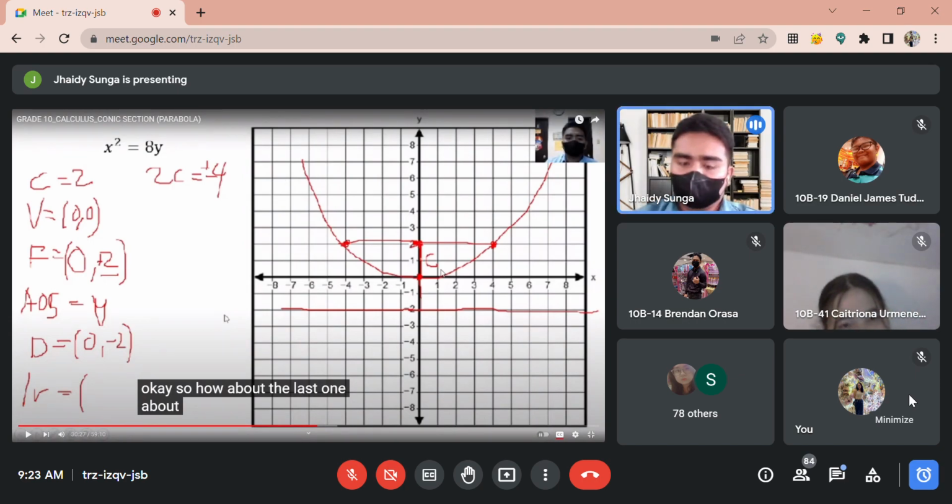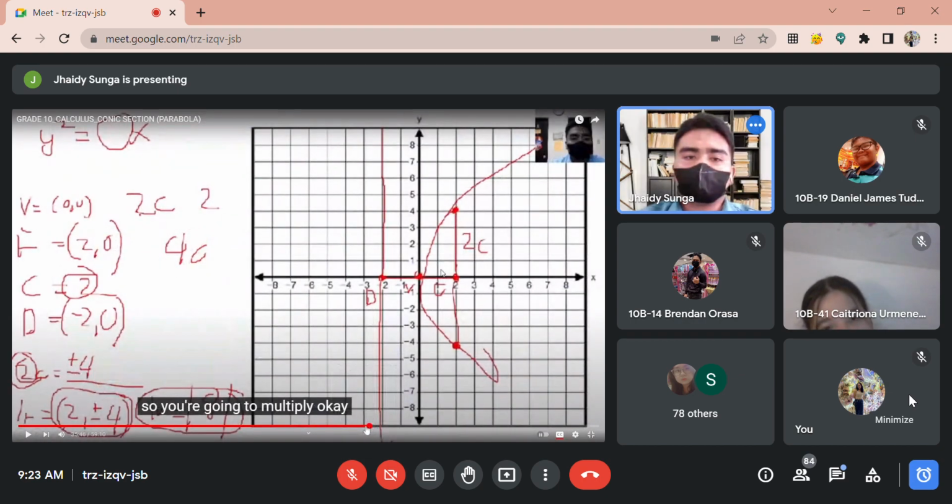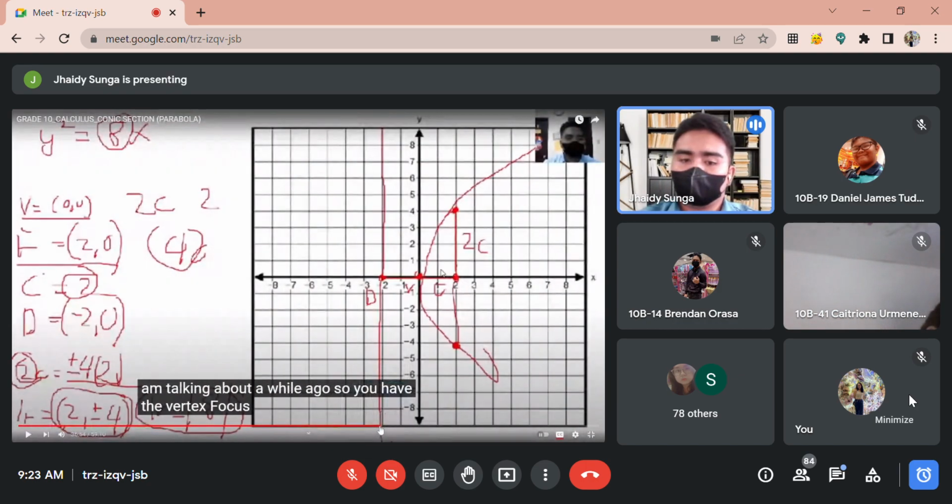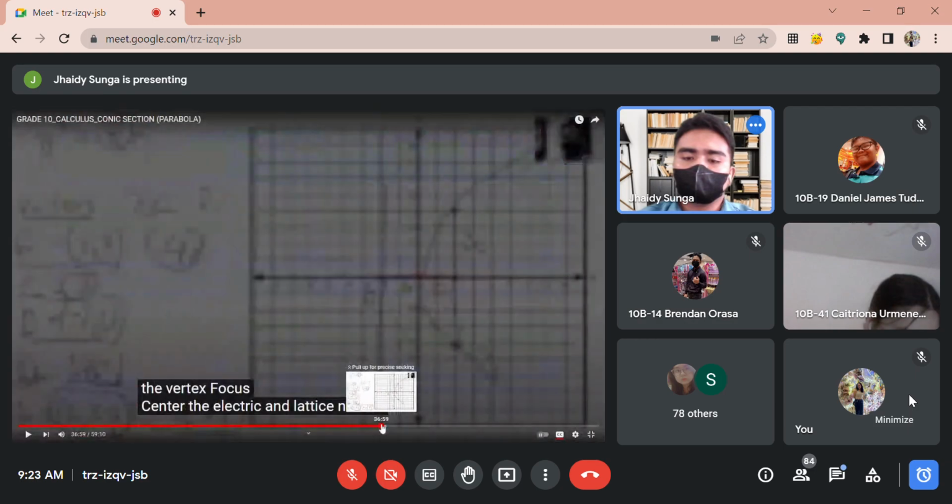So let's try if we have the values of h and k, when the vertex is not in the origin. It means your vertex has the values of h and k. The last one is just similar. Try this one, but you could watch that one, so it could help you in identifying the things with regards to parabola.